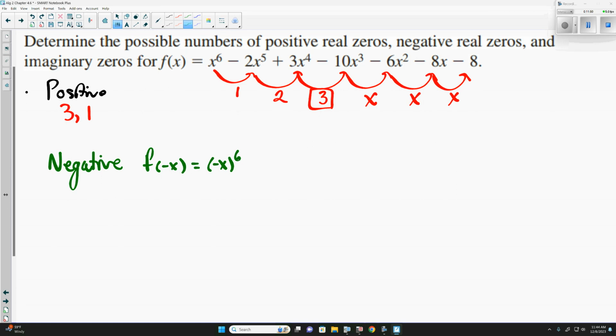So the first one would be negative x to the 6th minus 2 times negative x to the 5th plus 3 times negative x to the 4th minus 10 times negative x to the 3rd minus 6 times negative x squared minus 8 times negative x minus 8. So we have all this here.